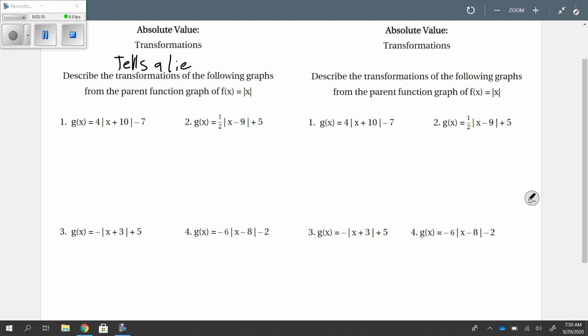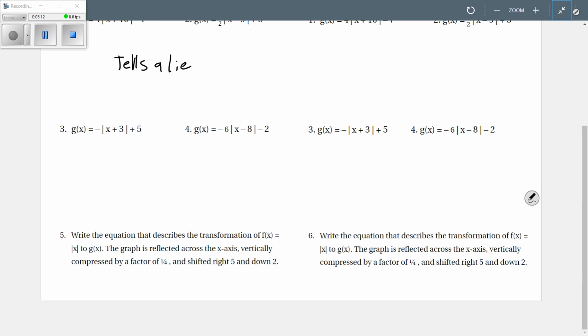Keep moving on. I think I'll have time to do one more. And then we'll try number 5 together as well. All right, so we see number 3, there's a negative on the outside, which means reflected across the x-axis.